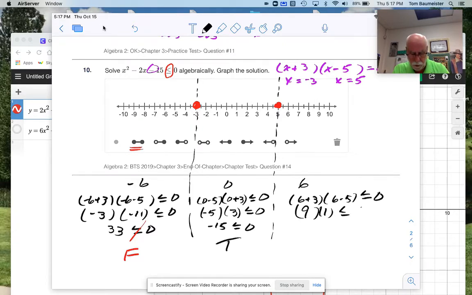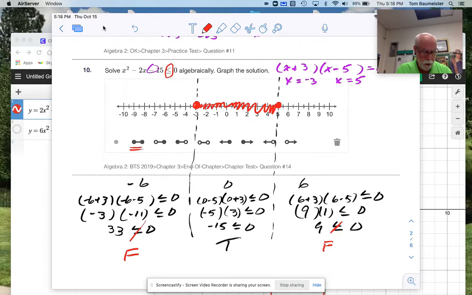Is 9 less than or equal to 0? You're going to tell me no. So that would mean that is false also. So I'm going to shade in between the two. We're going to shade in right here.